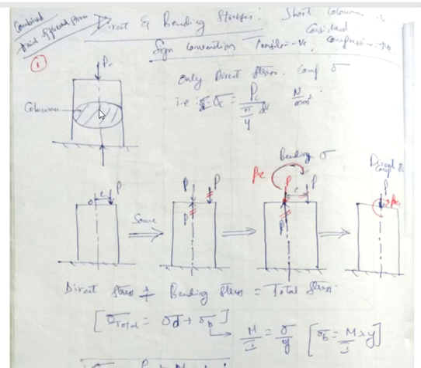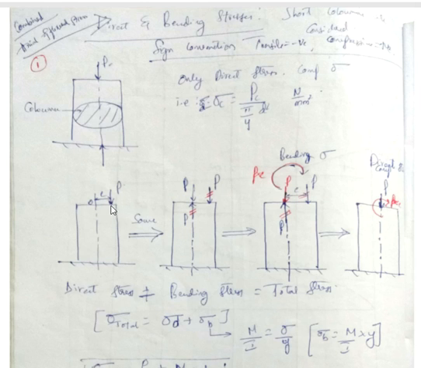I repeat, when I apply the load exactly at the center, column will be subjected to only compressive load. But if I shift this load and apply it, instead of applying it at the neutral axis, at some eccentricity E from the neutral axis, then you can imagine that this force will try to compress the column, but apart from compressive force, since it is applied towards one end, it will also try to bend the column towards right side.